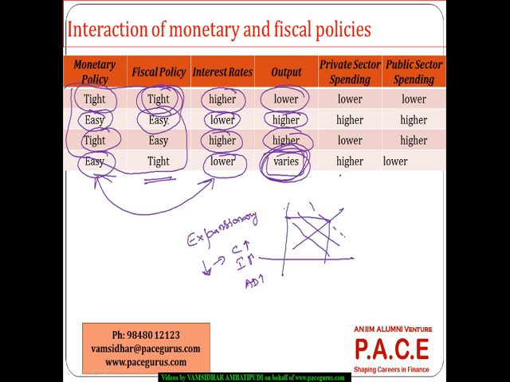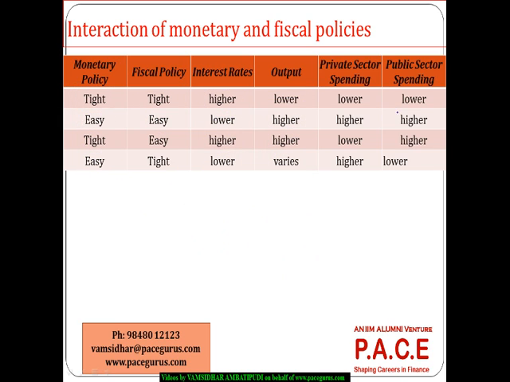That is the reason we said it can vary depending on how tight the fiscal policy is and how expansionary the monetary policy is. Then coming to the public sector spending, government spending. We know that the government spending is much higher in case of expansionary fiscal policy and lesser in case of a contractionary fiscal policy. So we see a direct relationship here. Whereas the private sector spending comes purely from the monetary policy.